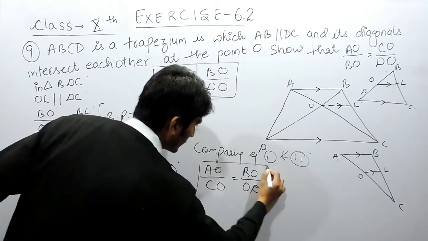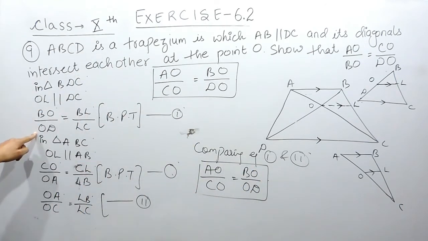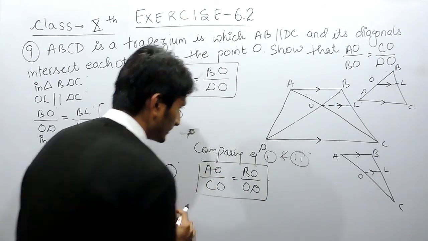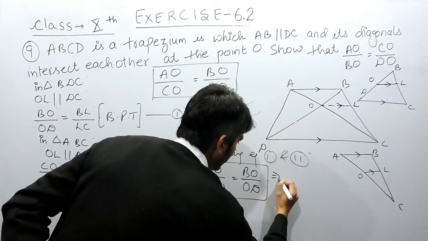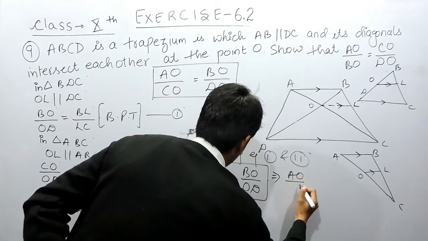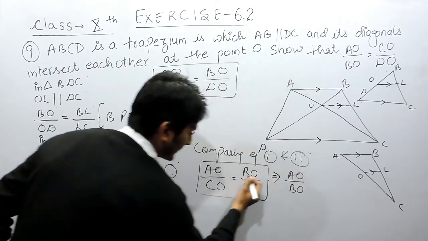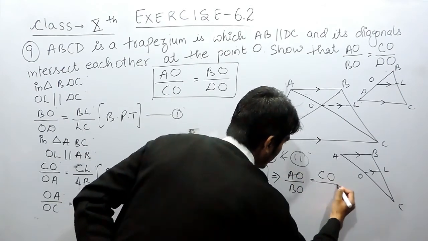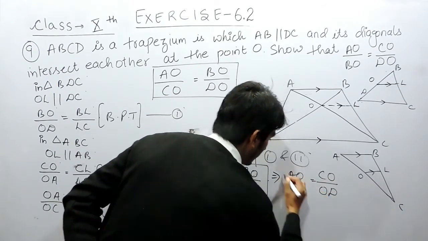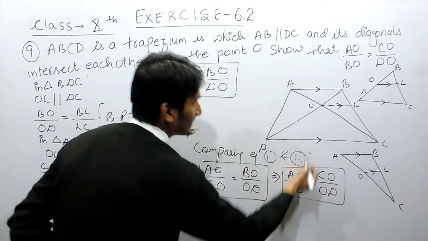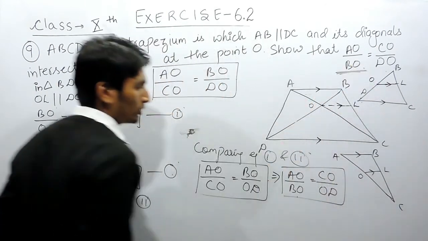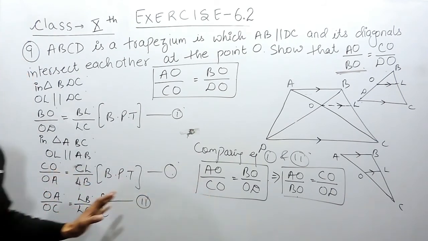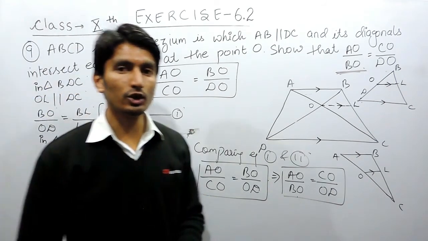So we can conclude that the ratio between these two are the same. Again, if I cross multiply, this will give AO upon BO equal to CO upon OD. So this is the same as this value. This is how you can prove this question number 9, and I hope you have understood how to solve this question.